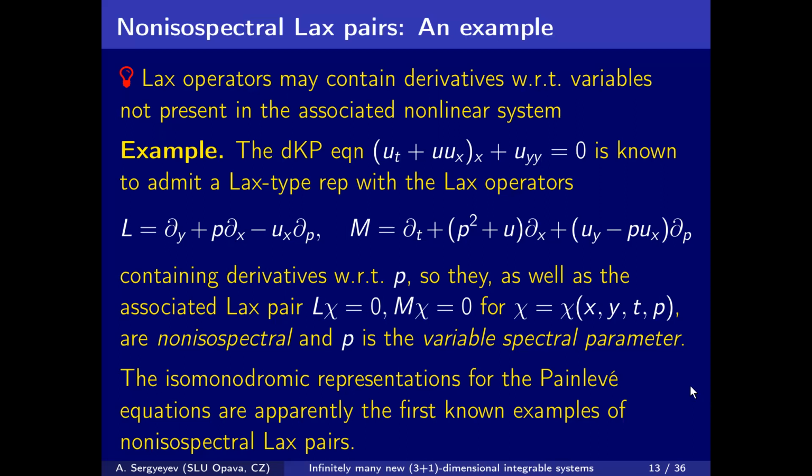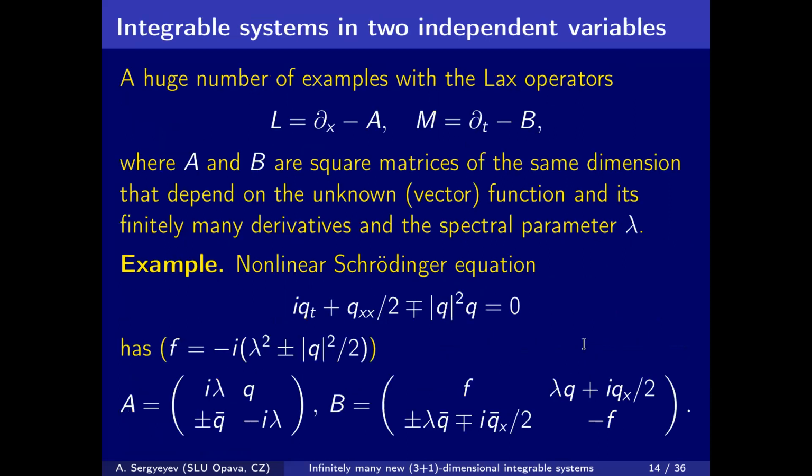So it turns out, at least to the best of my understanding, that the isomonodromic representations for the Painlevé equations can in fact be interpreted as non-isospectral Lax pairs. And such representations are known, I think, for more than 100 years. So, in a sense, it's a very classical idea.